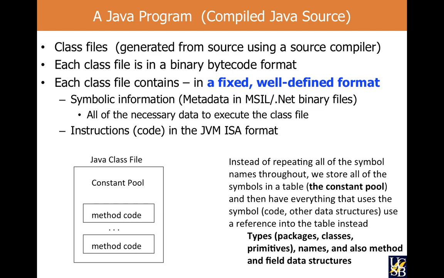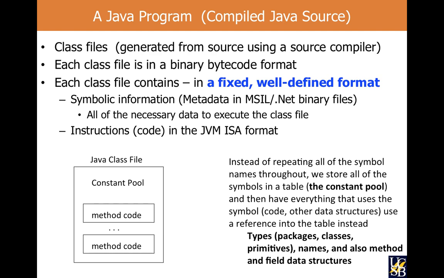This class is as compact as possible. Instead of repeating, let's say you use int I in all your methods, you're not going to have a copy of int I for each method. What you're going to do is you're going to have the name int and the name I represented in the constant pool in the data, metadata, symbolic information area of the class file once. And then every time you access I in your methods, you have an index into that constant pool to indicate what the name of that variable is.